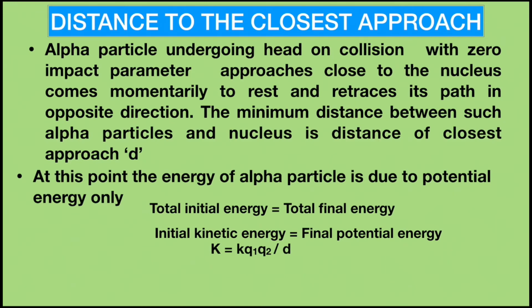Kinetic energy is denoted by capital K, and potential energy is given by kQ1Q2/d. Here small k is Coulomb's constant, Q1 is the charge of the alpha particle, Q2 is the charge of the nucleus, and this d is the distance of closest approach, and on the left side this capital K is kinetic energy.